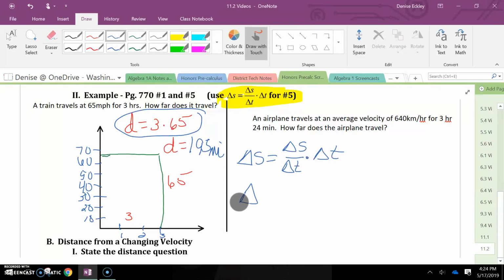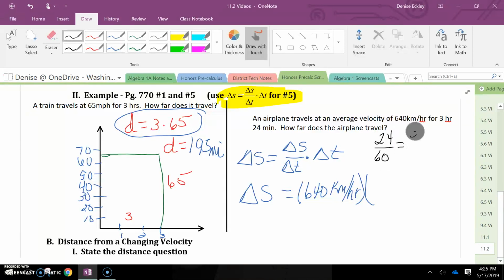So filling all those values in, we know that our delta S over T is 640 kilometers per hour. And our change in time would be 3 hours, 24 minutes. So before I do that, I have to take 24 minutes divided by 60 minutes in an hour.